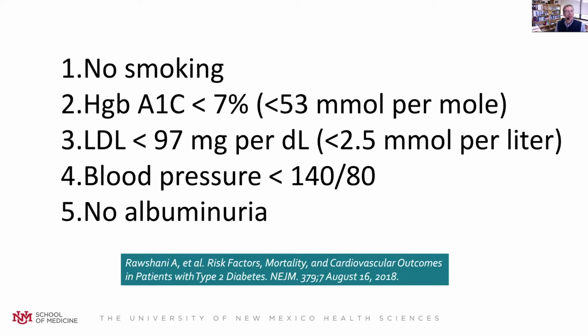So if we can get people to stop smoking, if we can get their hemoglobin A1C less than 7, their LDL less than 97, their blood pressure less than 140/80, and make sure they don't start spilling protein into the urine, we can reduce their mortality to equal those who've never even had diabetes, which I think is important. And often we need medications to help us do that.